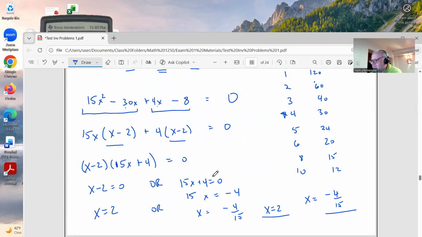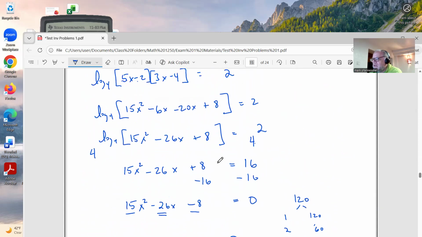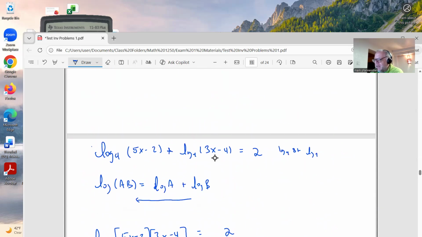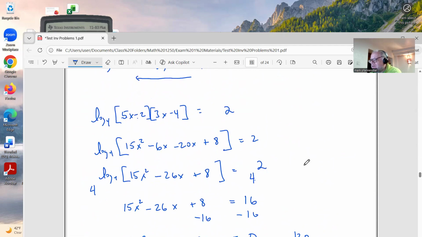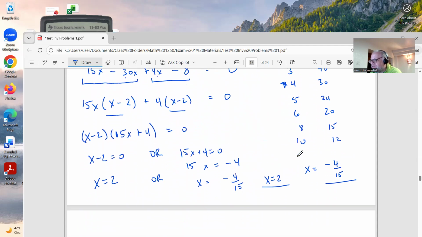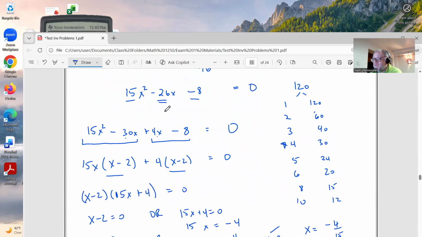All the way back here, I should have made a note, x equals 2. All right, so 3 times 2, which is 6. 6 minus 4 is also 2. So both of these worked. This one checks out. So we can say, yeah, this one works. We checked. Now we have to check the other one, negative 4/15.